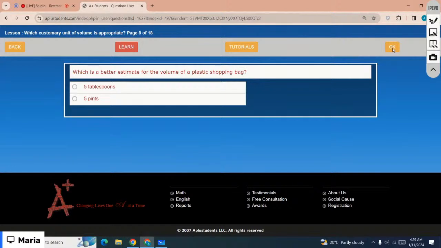Which is a better estimate for the volume of a plastic shopping bag? 5 teaspoons, 5 tablespoons, 5 pints. Which is the correct option?